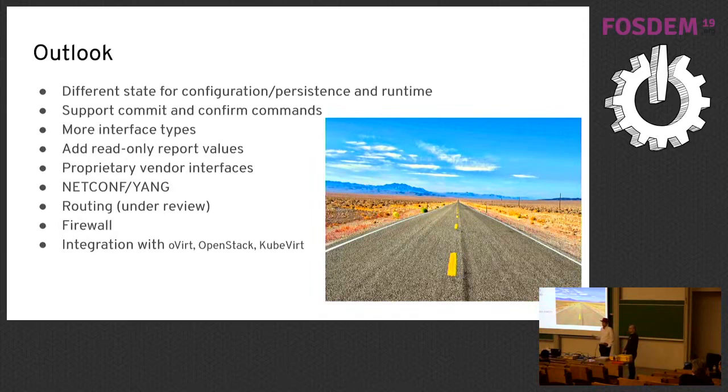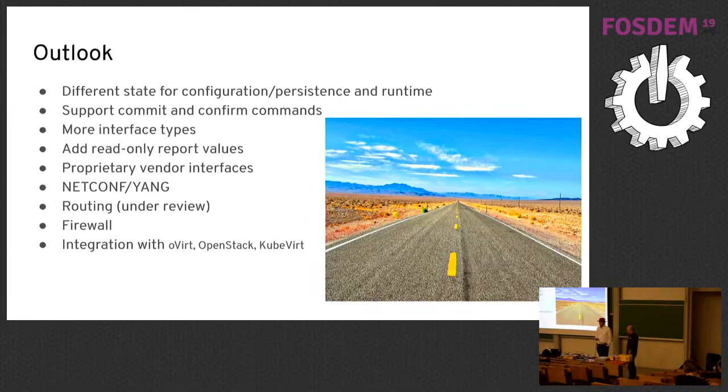Then you can add additional verification, for example, whether it is still possible to reach a certain system, and then fall back or confirm the configuration is correct. We are also basing our design on the network modeling working group, which more or less uses NETCONF and YANG, and the initial idea is to provide a similar interface directly via nmstate, so all the tools that provide this can be used.